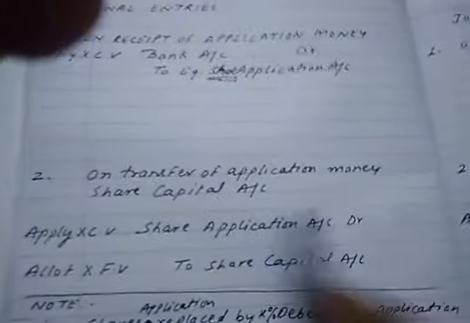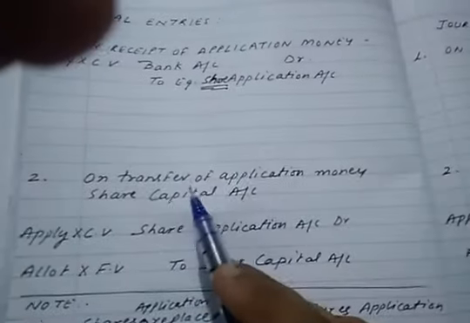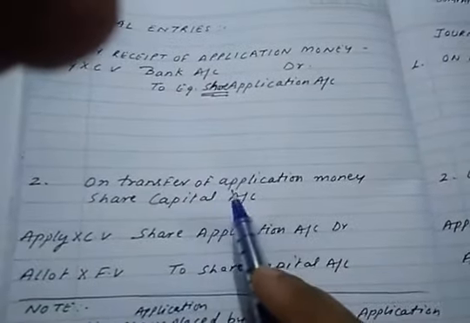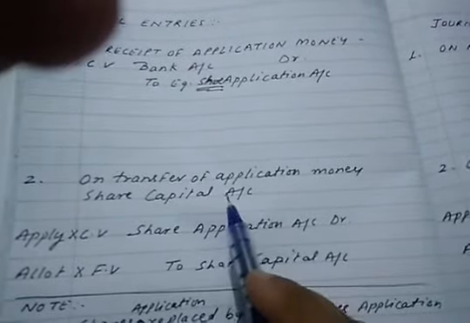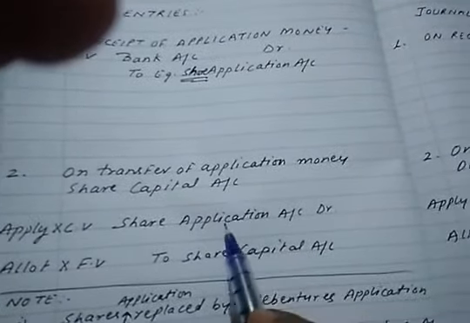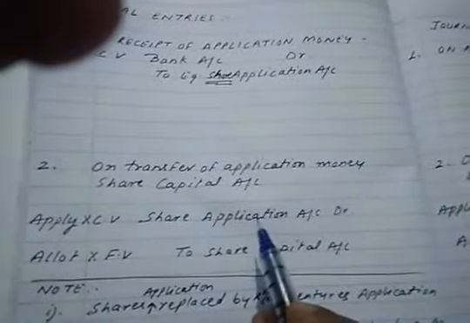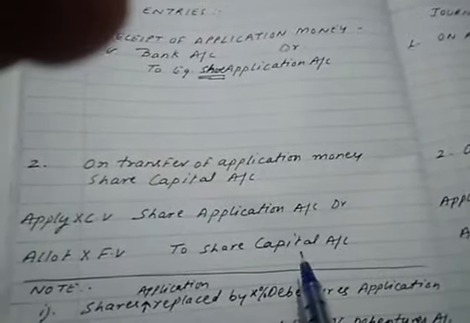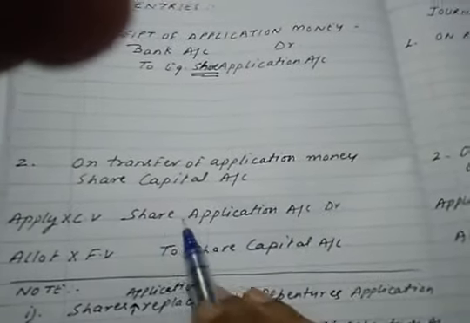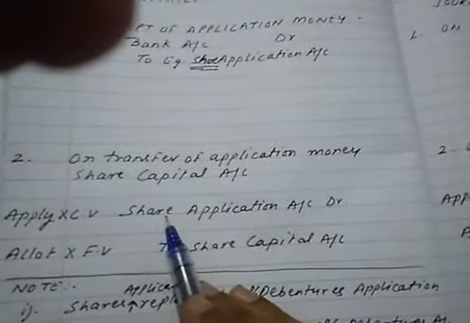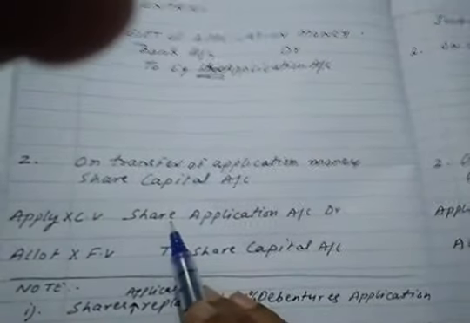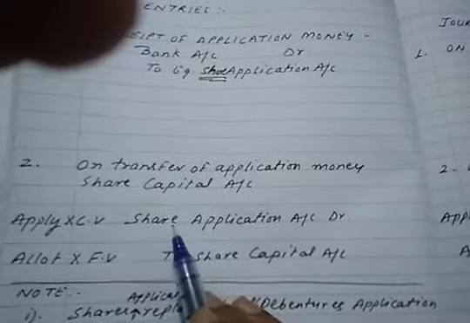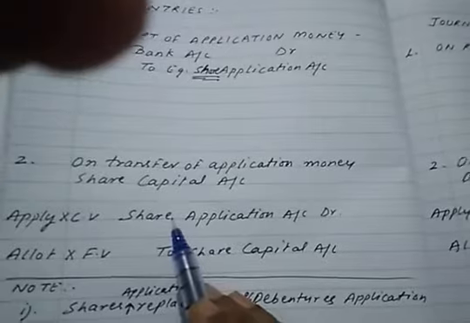Now, moving back to the chapter shares, when we need to transfer the application money to share capital, the journal entry which we pass was share application account debit to share capital account. In place of share, what we need to write? Debentures. X% debentures; X% may be 8%, 9%, meaning the interest rate carried by the debentures.